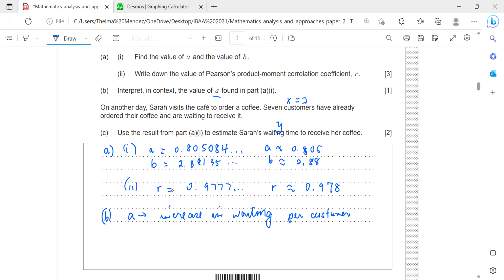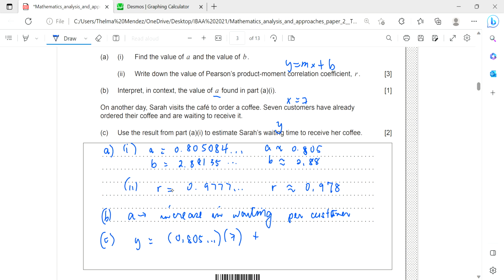Okay, so letter C now. We use the result. So Y equals M, which is 0.805 times X, which is 7, plus, where is that formula? Y equals mx plus b. Let me just write here. Y equals mx plus b.